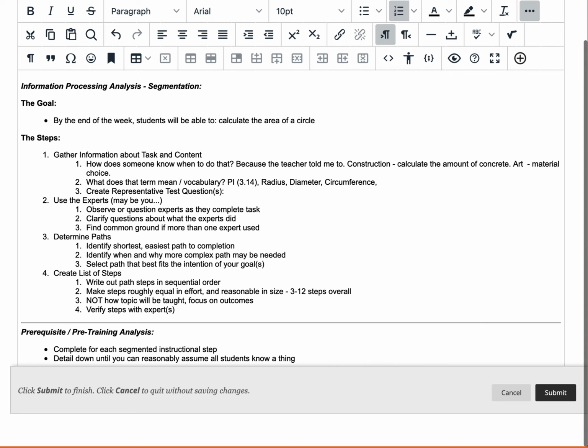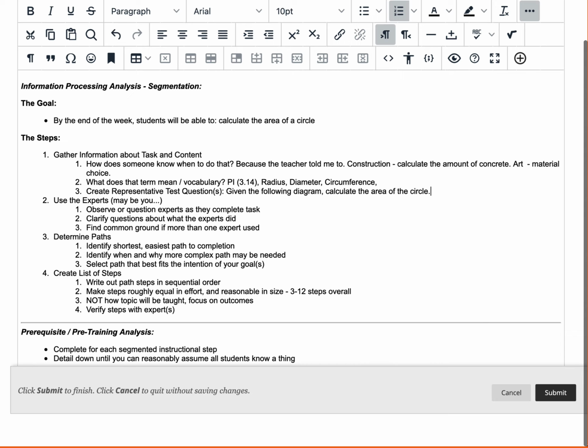Okay, yeah. Obviously, our goal is almost a test question in itself, but we could say something like, given the following diagram, and that diagram would probably have a couple of things labeled on it, calculate the area of the circle.